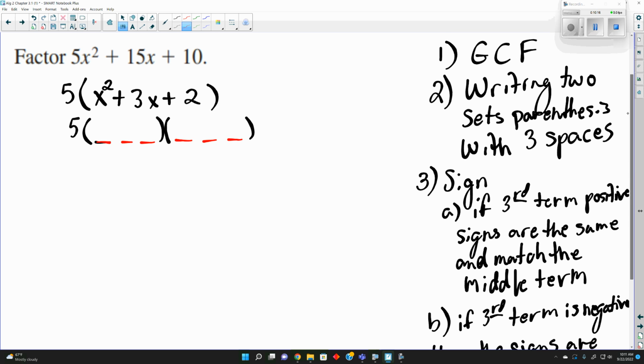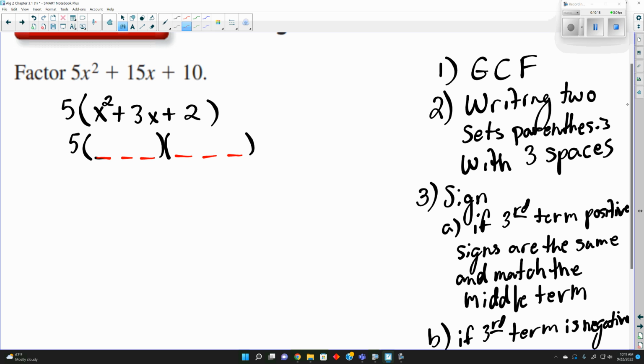So let's look at this here, the third term is positive, yes? So the signs are the same and they match the sign of the middle term. So the sign of the middle term is what? Because this is positive, so they're the same. And our middle term is? So our signs are going to be positive and positive. Questions on this so far?